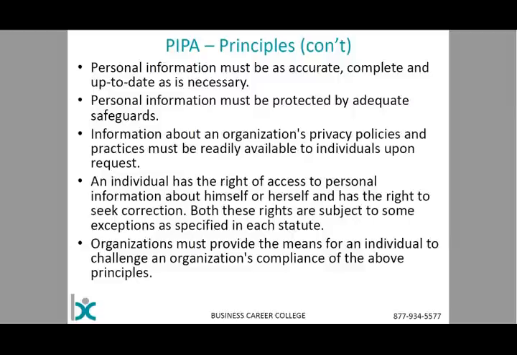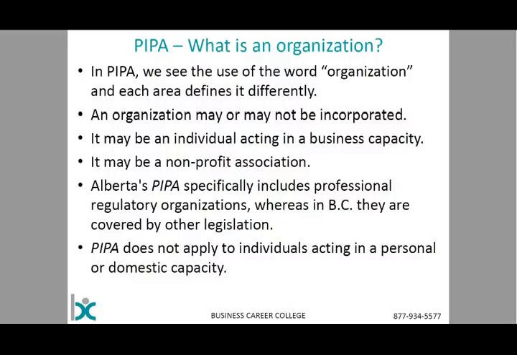Now, in these principles, there is quite a heavy focus on individuals versus organizations, and there are some specific definitions that we'll look at. The definition of an organization is a little bit different in every jurisdiction, but it may or may not be an incorporated body. It may be an individual acting in a business capacity.